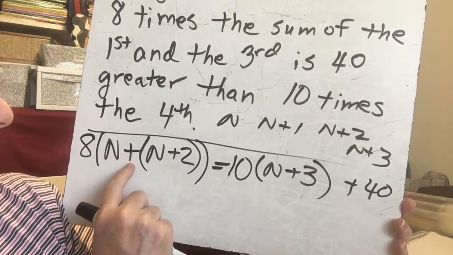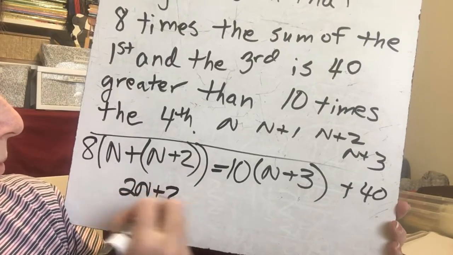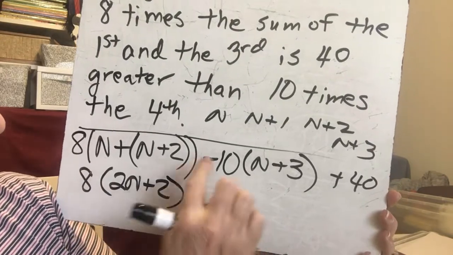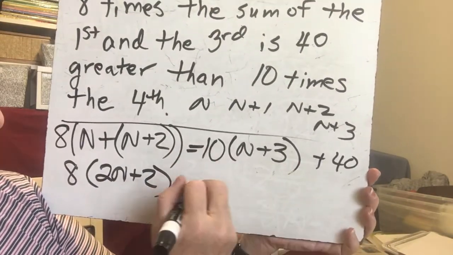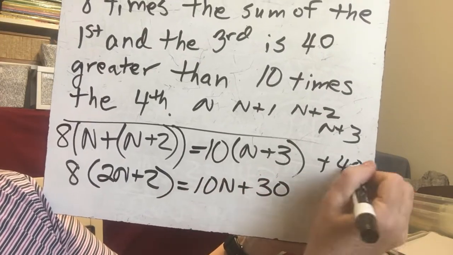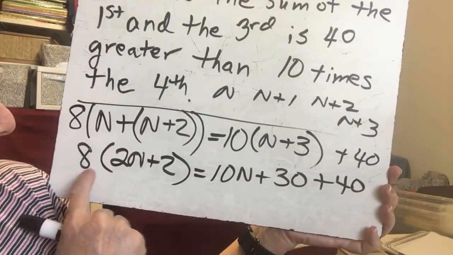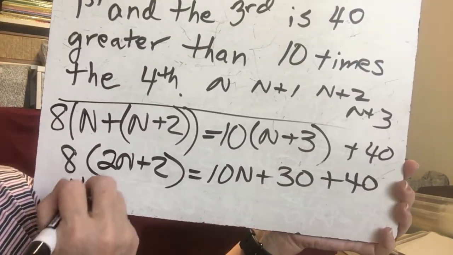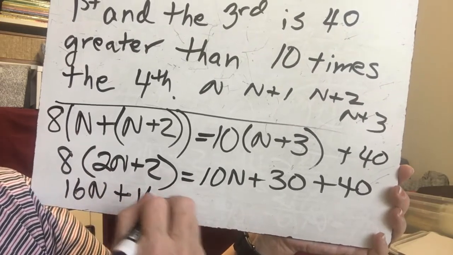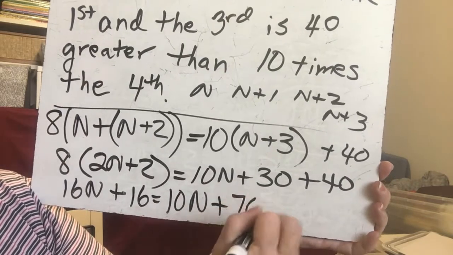So n plus n plus 2 is 2n plus 2, times 8, equals 10 times n plus 3, which is 10n plus 30, plus the 40 over here. So I get 16n plus 16 equals 10n plus the 70.